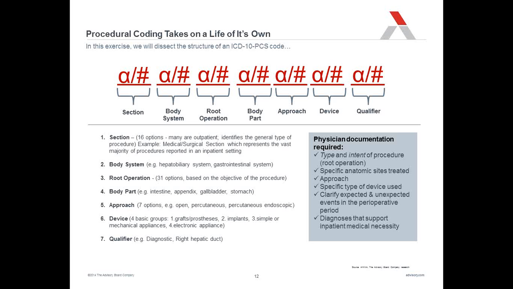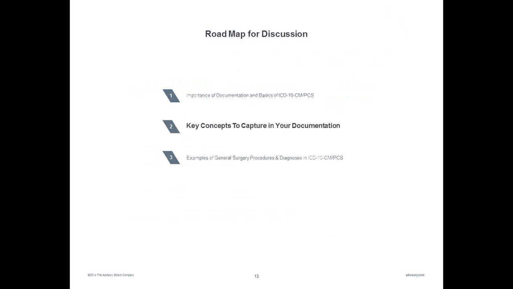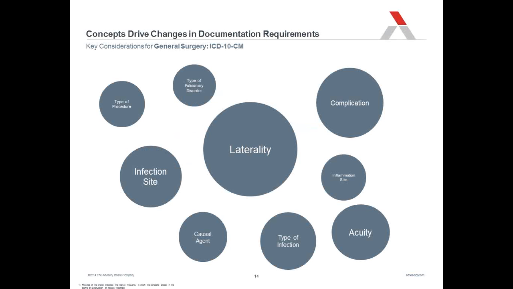And you can see that the physician documentation that's required is the type and intent of procedure, what specific anatomic sites are treated, what the approach was, any specific type of device that was used, and any expected or unexpected events in the perioperative period, and any diagnosis that would support the inpatient medical necessity for this procedure. So now we're going to talk in general about some key concepts to capture in your documentation.